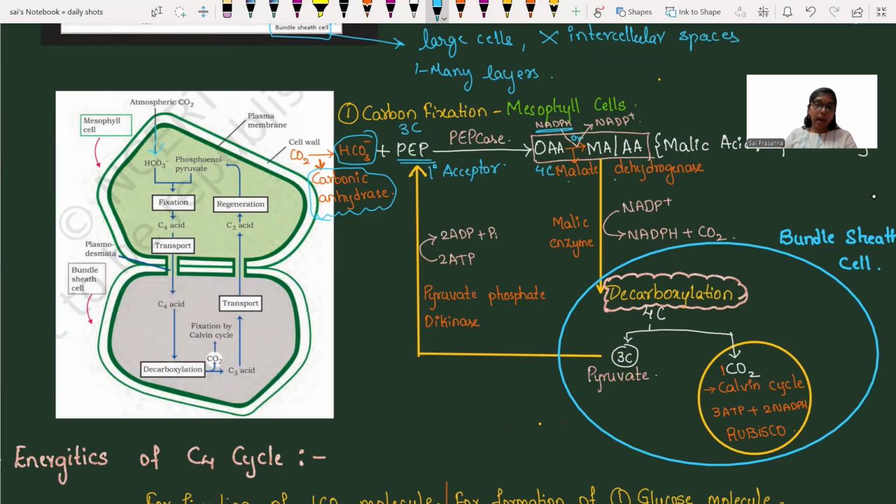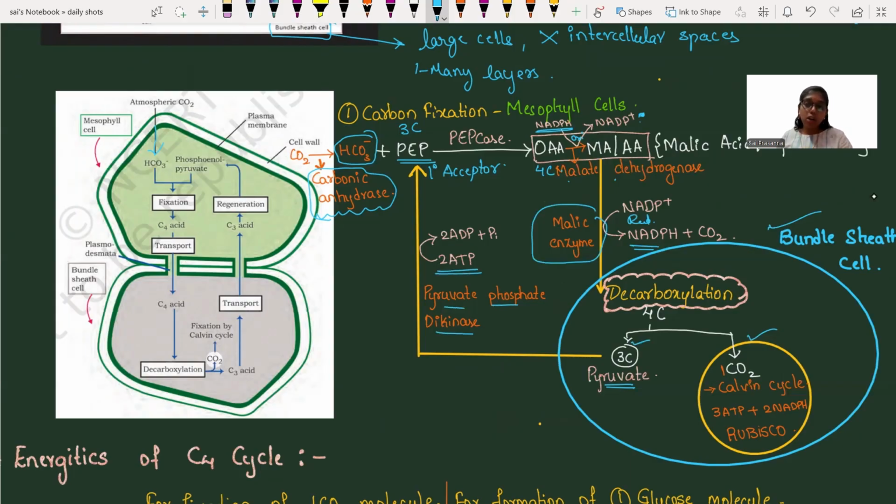This malic acid or aspartic acid enters the bundle sheath cells, and it gets decarboxylated to a 3-carbon compound and 1 carbon dioxide by the enzyme malic enzyme. Here again NADP plus is reduced to NADPH. This 3-carbon compound, which is pyruvate, is sent back to the mesophyll cells and converted by pyruvate phosphate dikinase, utilizing 2 ATP.